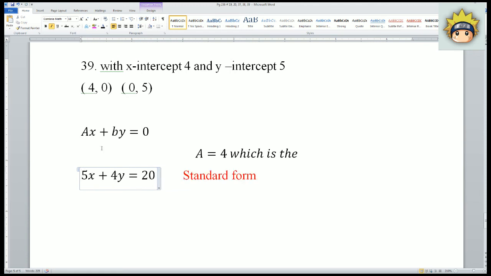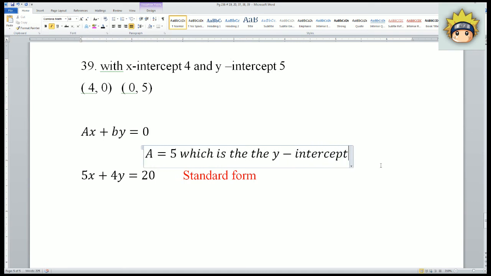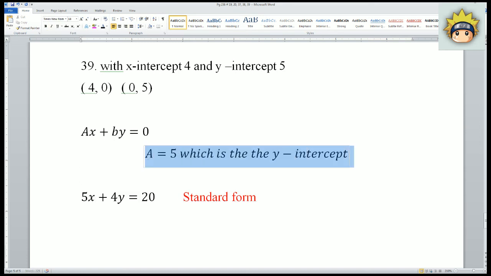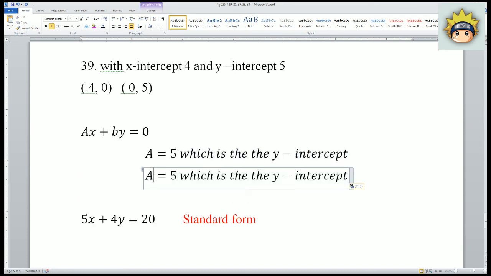Do you see how the 5 here went in here? A is equal to 5, which is the y-intercept. B is equal to 4, which is the x-intercept. That's another way you can cheat. If you memorize this, you can generate this. But again, it's up to you if you want to memorize it.